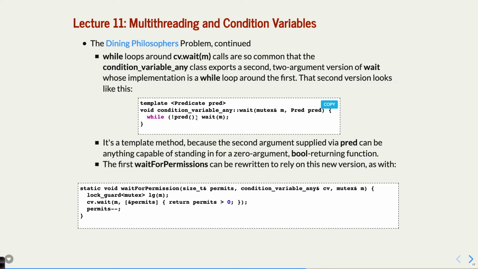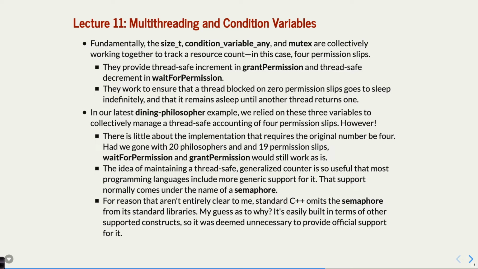Why not wrap it into another type of data structure or class that allows us to do this for any number of various permits? This is what we call a semaphore, which is basically this whole idea of I have X number of threads and only some of those are allowed to do something at a given time.